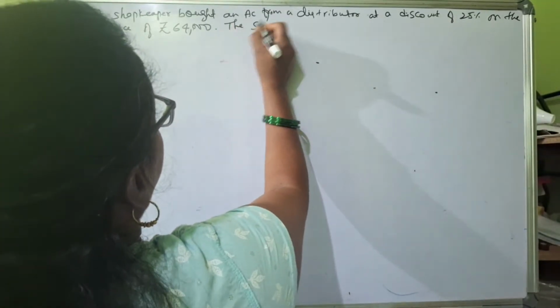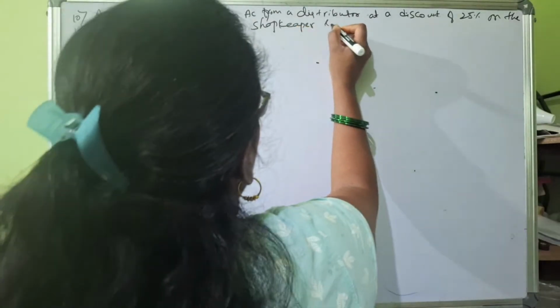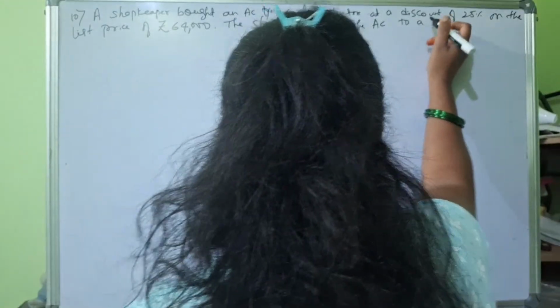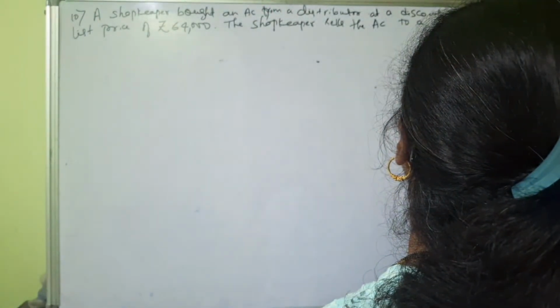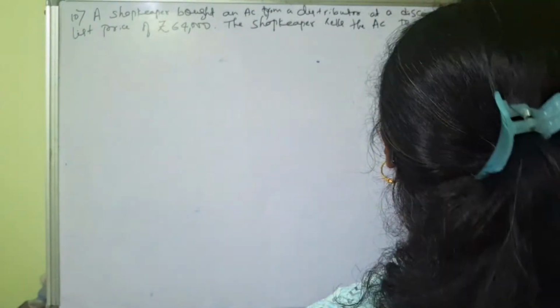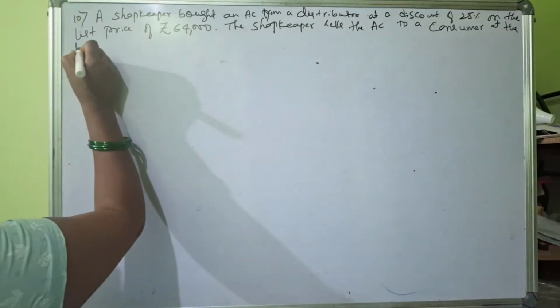The shopkeeper sells the AC to a consumer at the list price.